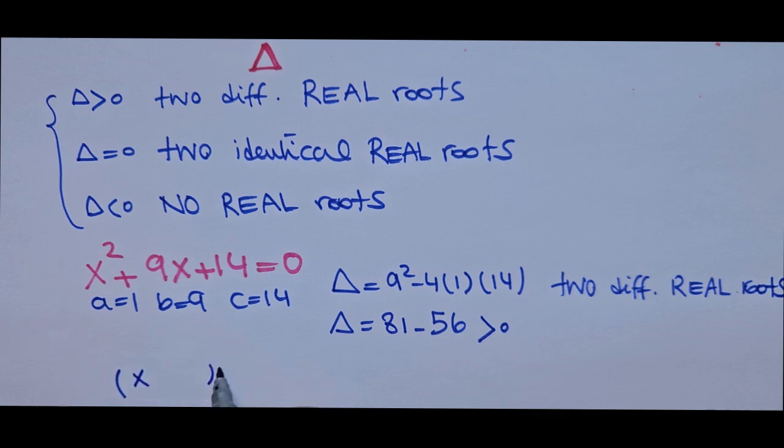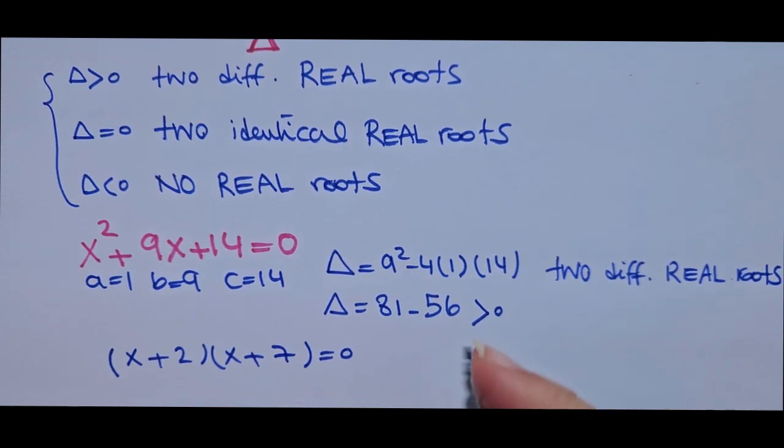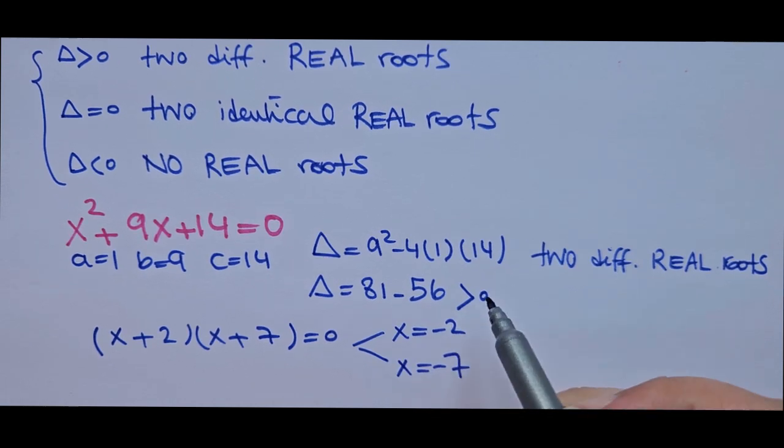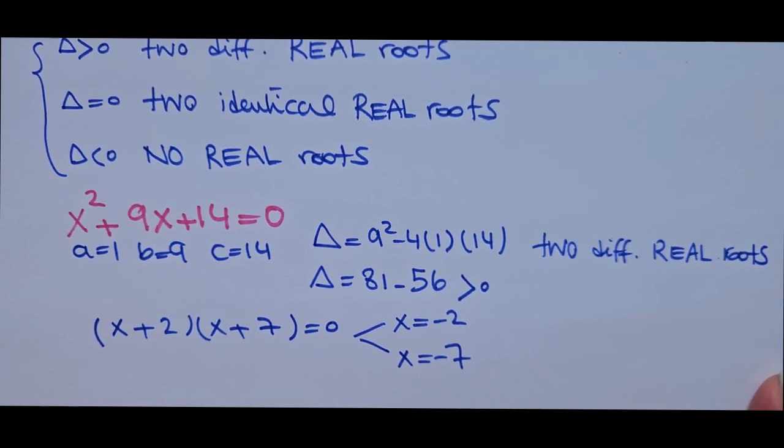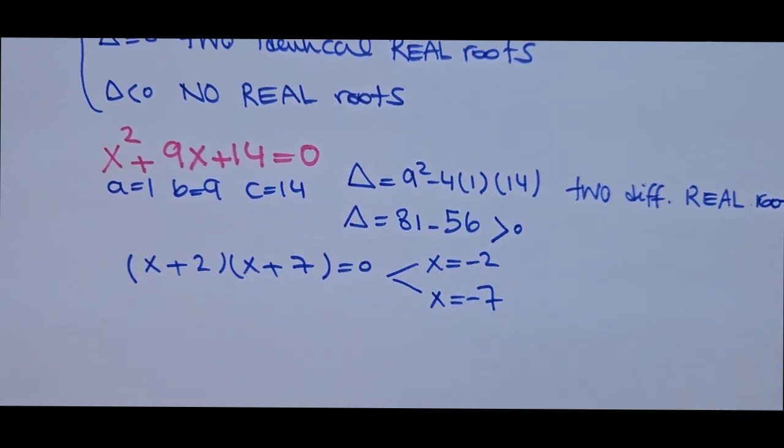If I start by factorizing, I'm looking for two numbers that add to 9 and multiply to 14. So one of your roots is -2 and the other one is -7. You have exactly two roots, different and real numbers.